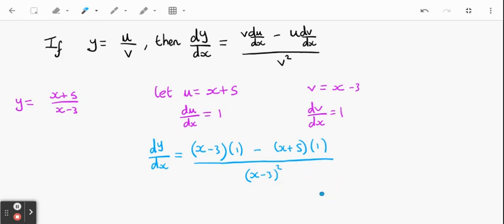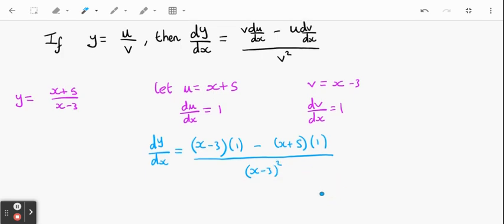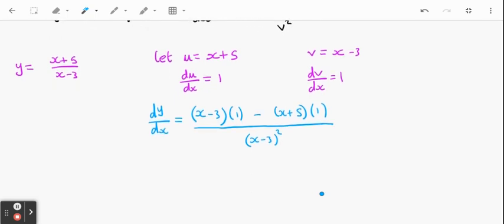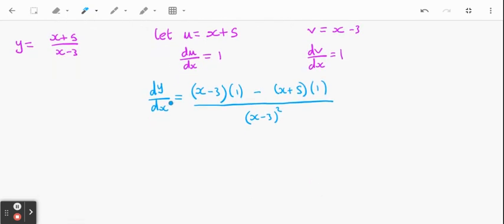Now at this stage, the function is differentiated, but for the sake of practicing our simplification, let's take this a little bit further. So we have x minus 3 take away x plus 5 all over x minus 3 all squared.